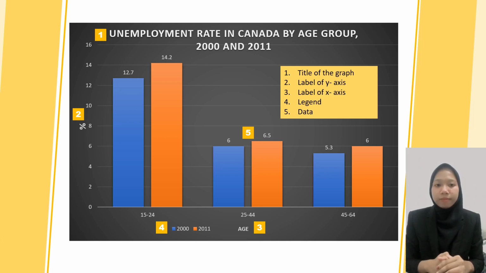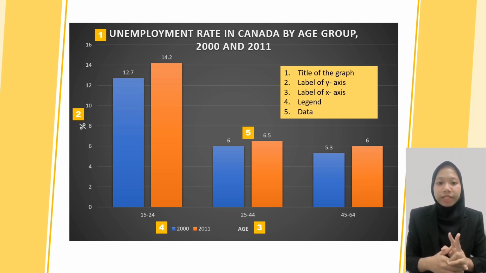The title of this bar graph is Unemployment Rate in Canada by Age Group 2000 and 2011. Y-axis or vertical axis represents the percentage of unemployment, while the x-axis or horizontal axis represents age. There are two different years in the bar graph, which are 2000 and 2011. The blue color of legend represents the year of 2000 and the orange color represents 2011.